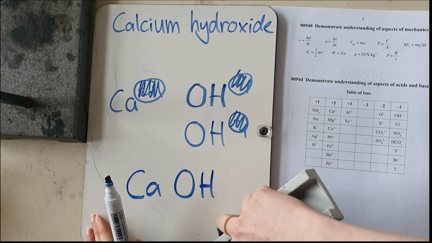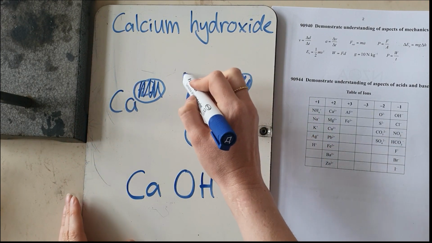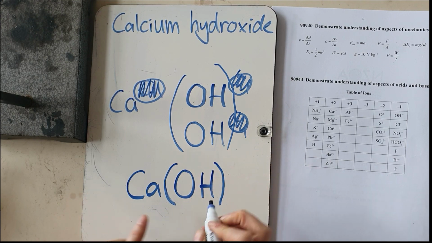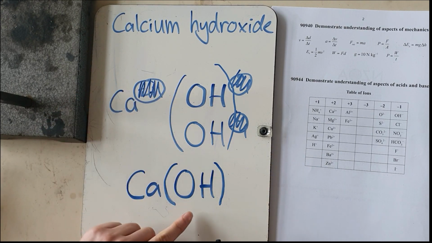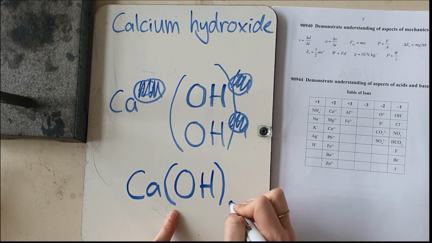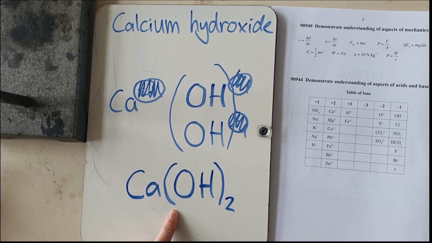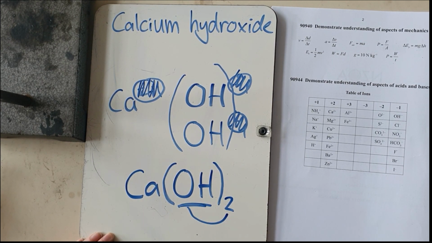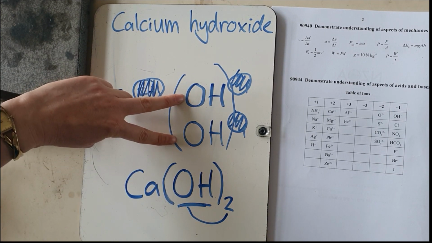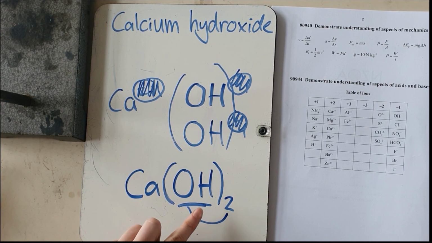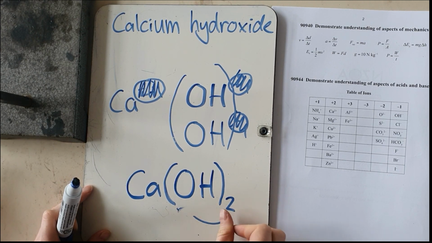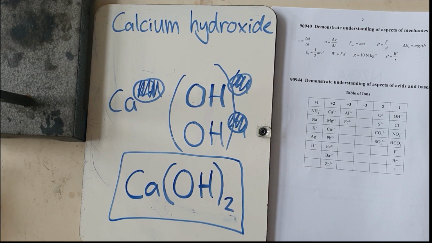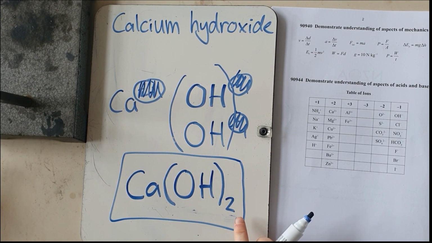So if we have multiple polyatomic ions, we're going to use brackets. So to show that we use the OH twice, we have our brackets around it and the 2 goes outside the brackets. Now this 2 applies to this whole thing. So we've got 2 hydroxides, 2 oxygens and 2 H's. So the formula for calcium hydroxide is Ca bracket OH bracket 2.